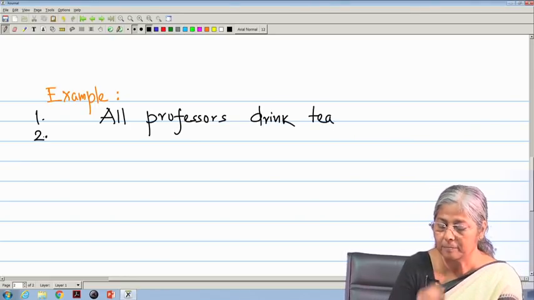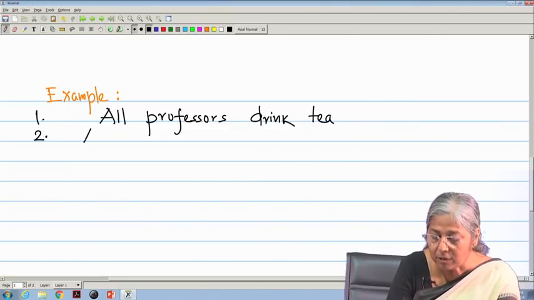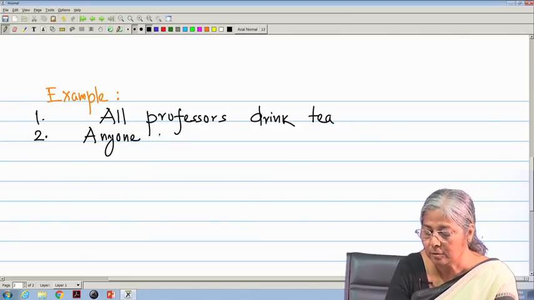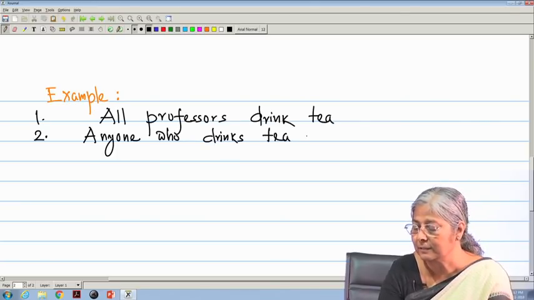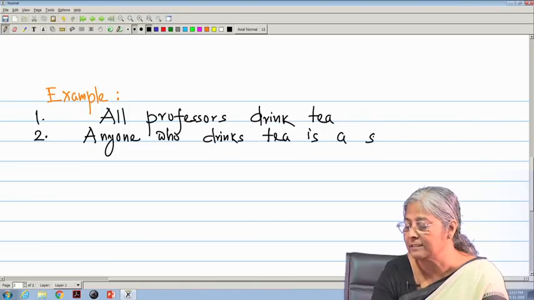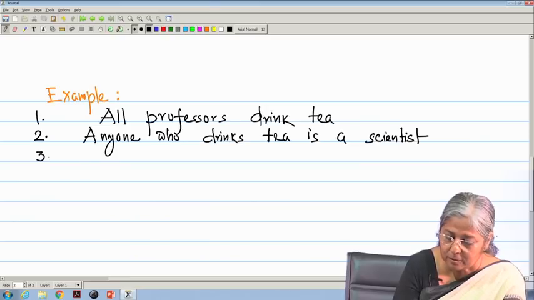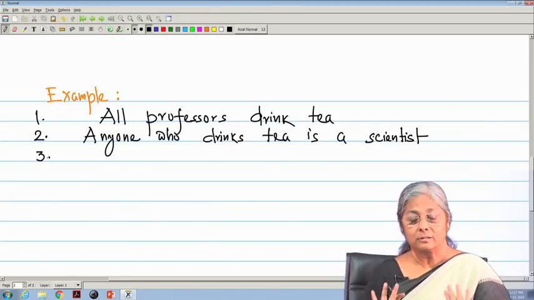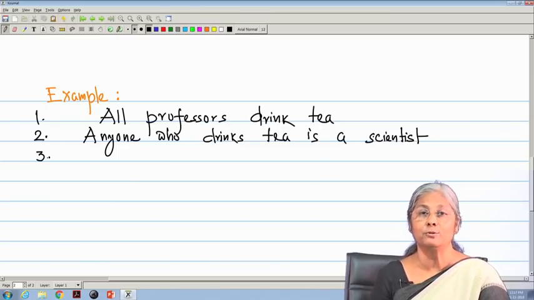Second statement, I write that anyone who drinks tea is a scientist. The third statement gives a relationship between 1 and 2.